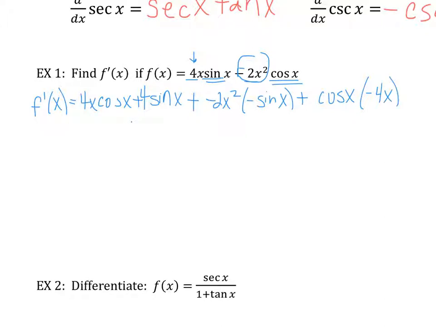Now what do I really have? If I need to clean that up, I could have 4x cosine of x plus 4 sine of x. That one would change to be positive 2x squared sine of x, and then minus 4x cosine of x.